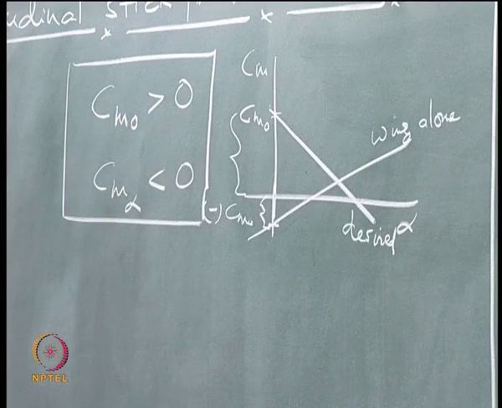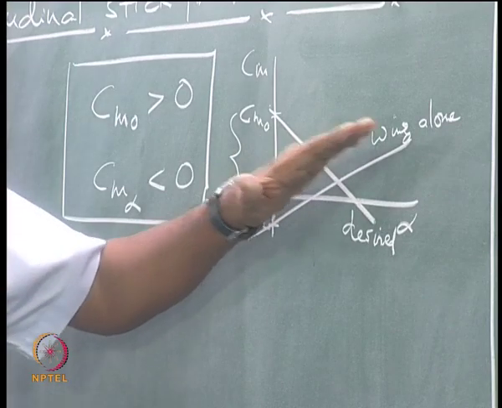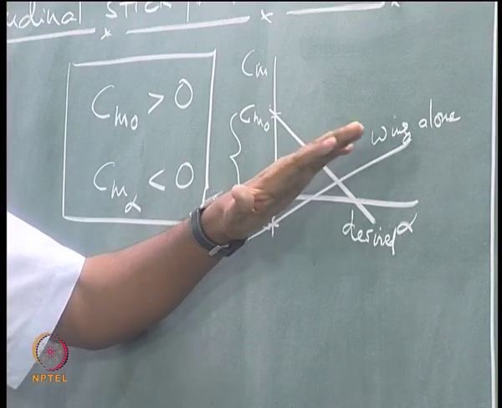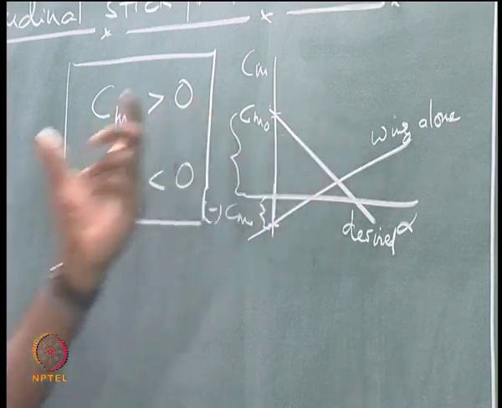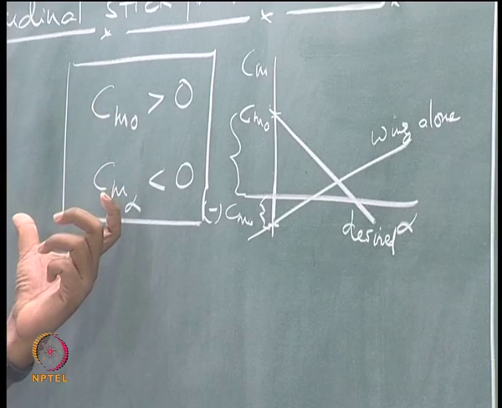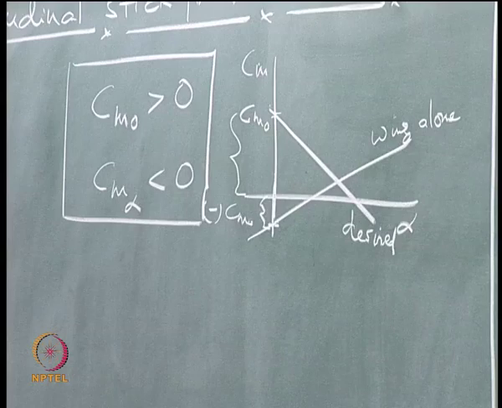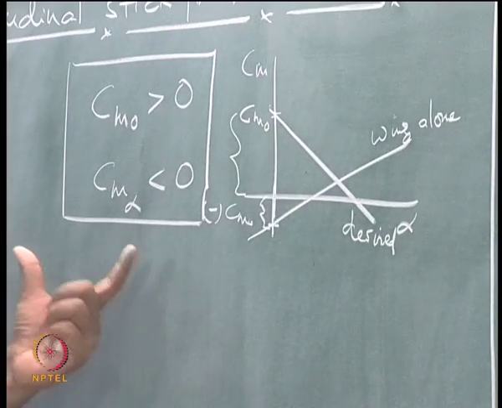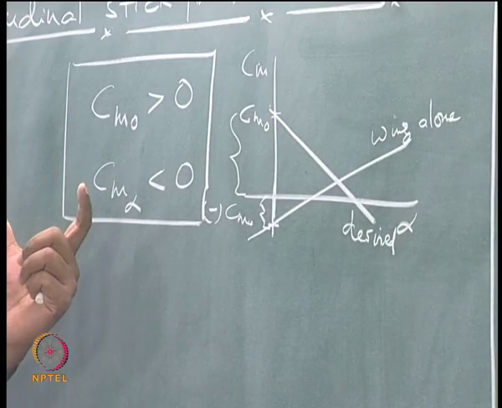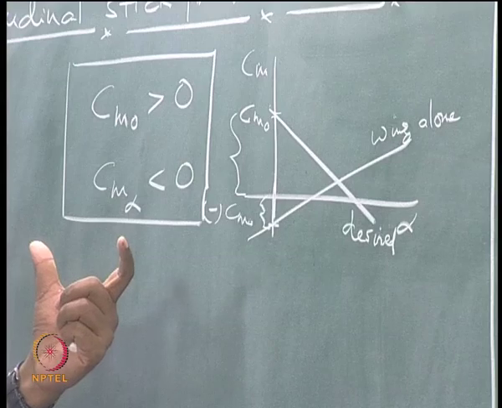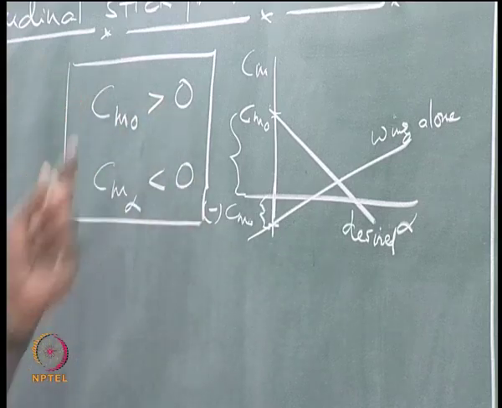So, in the last class we saw that actually the wing alone is not enough to satisfy both these criteria, right. So, for this reason, a horizontal tail is added to the aircraft behind the wing, okay, so that you can meet this criteria.